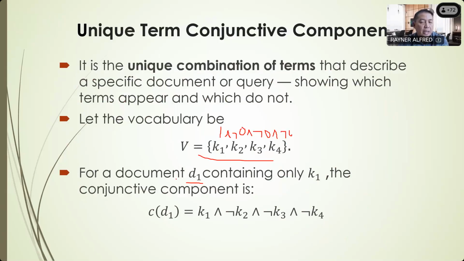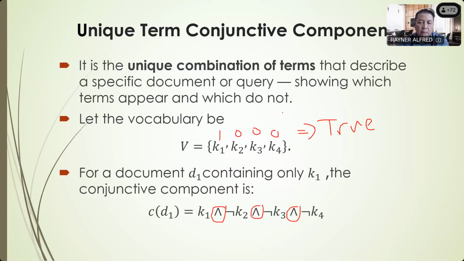When we say that the document contains only keyword 1, that basically says this is 1, this is 0, this is 0, this is 0. For us to form the conjunctive component, we have to make this expression true. So we want to add this and. But when we add the and, since this is false, automatically this one will become false. So we need to add this not.